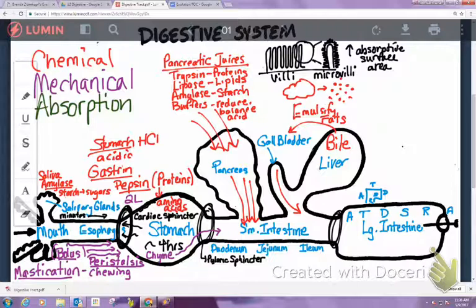Ever get food poisoning? Yes, right? Worst thing ever. If the acid in the stomach doesn't kill the bacteria or destroy the toxin, then once it gets into your small intestine, your body's only way to get rid of it is to move it through as quickly as possible, and that's why you get diarrhea.